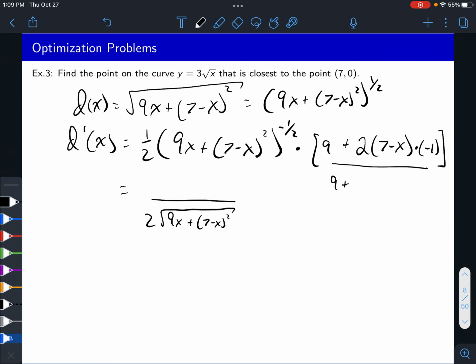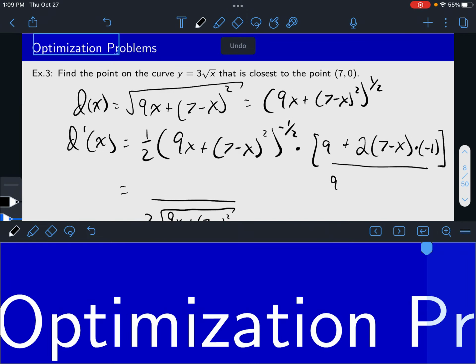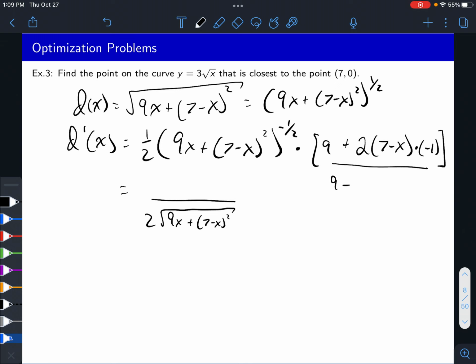So this is 9, and this negative makes this minus 14 plus 2x, so this would be negative 5 plus 2x, or 2x minus 5. Is that right? So positive 2x minus 14 plus 9, negative 5. Okay, good.